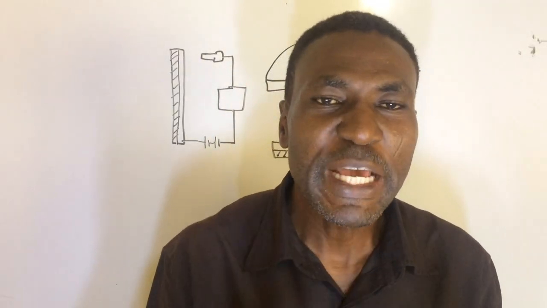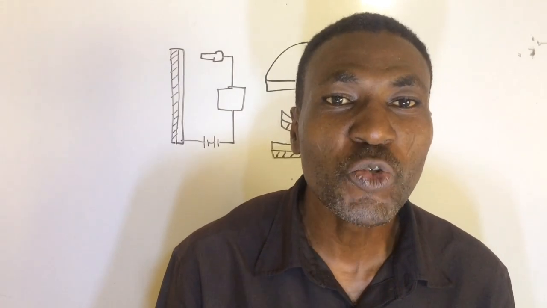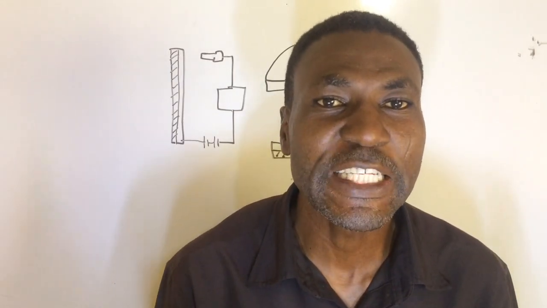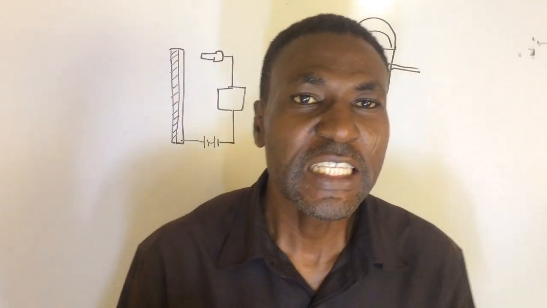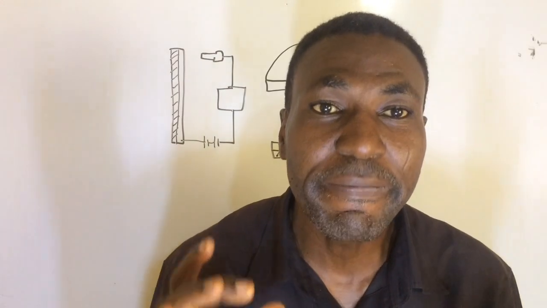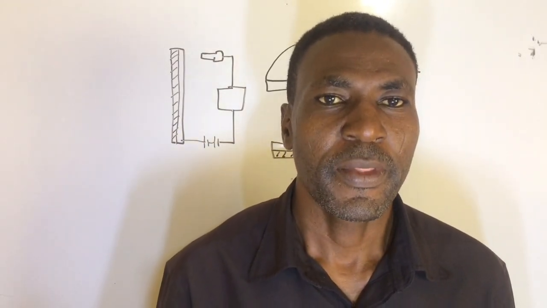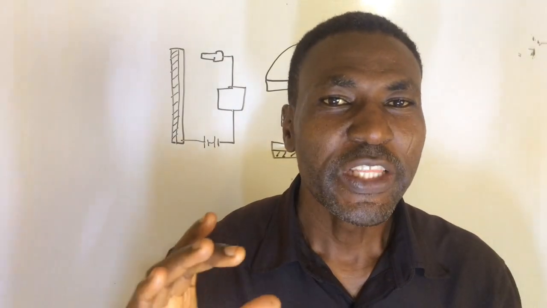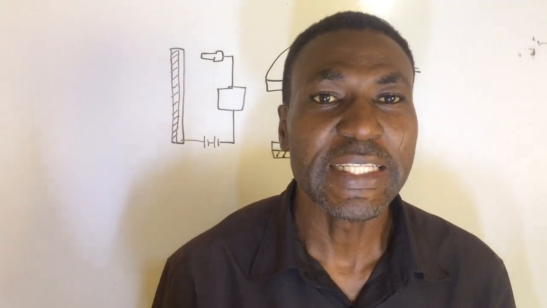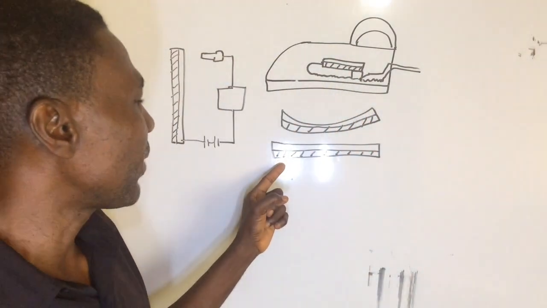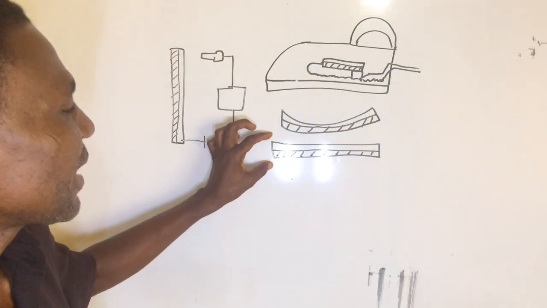This bimetallic strip is a process whereby two metals are combined together, and these two metals have different abilities in expansion. Look at how it is combined. This thing is called a bimetallic strip.